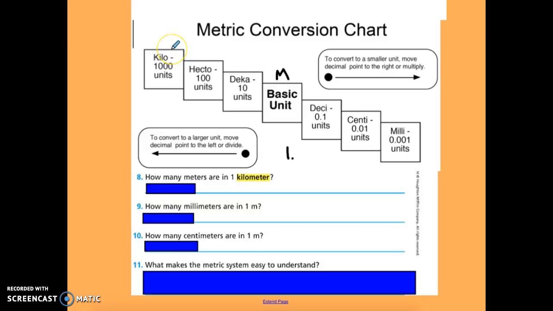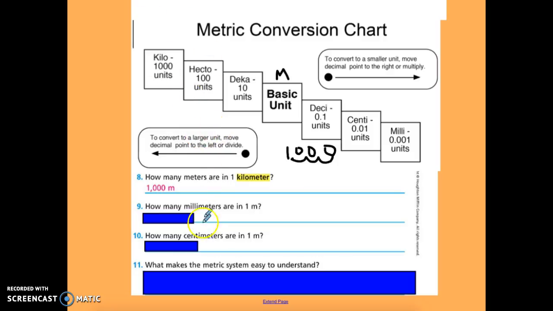So I'm going to start here and figure out how many steps I need to go down. 1, 2, 3 steps. So I'm going to move my decimal point 1, 2, 3 points. And I fill zeros into all of those. Okay, so I know that 1 kilometer is the same as 1,000 meters. Okay, because all I did is I moved that decimal point 1, 2, 3. It's 1,000 meters.